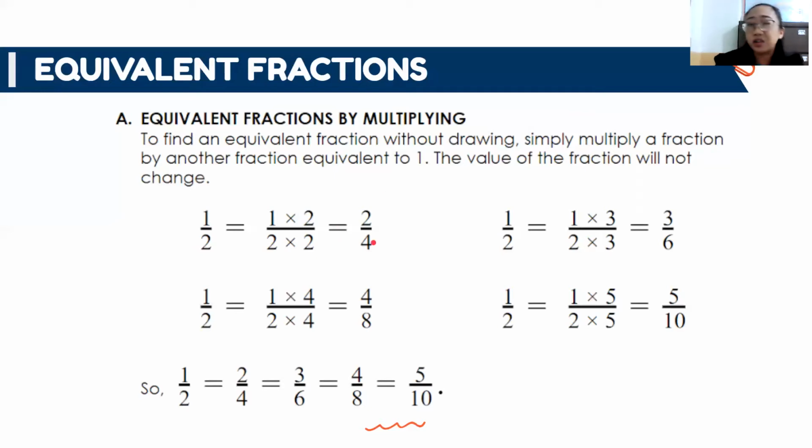But in fractions, we multiply the numerators and write a new numerator. We multiply the denominators and write a new denominator. Since I just multiplied by 1, I have here a fraction that looks different from 1/2, but they're actually the same.